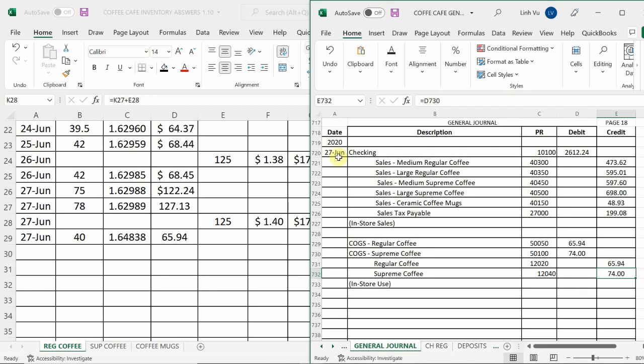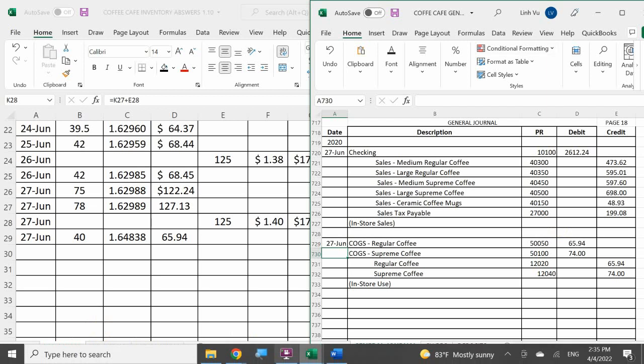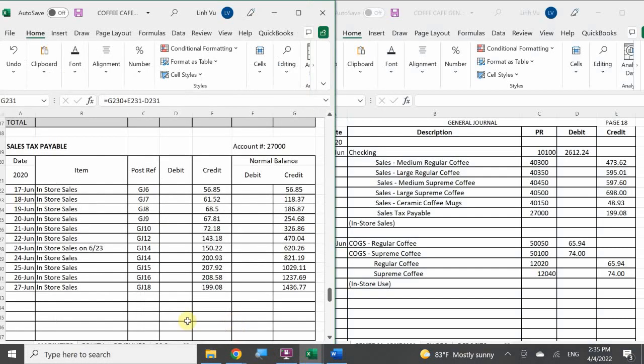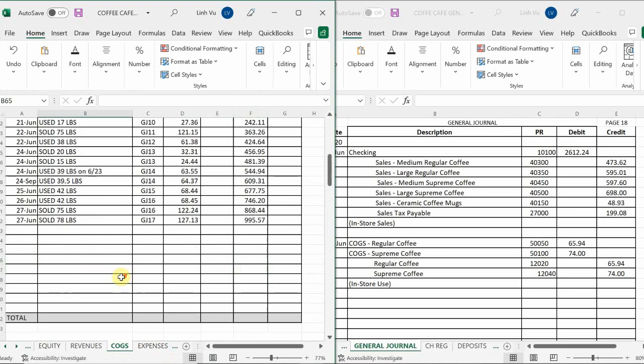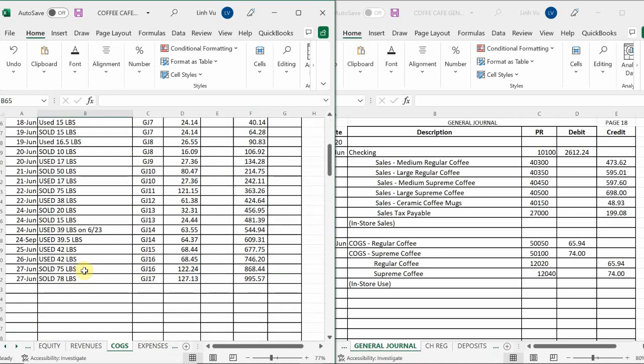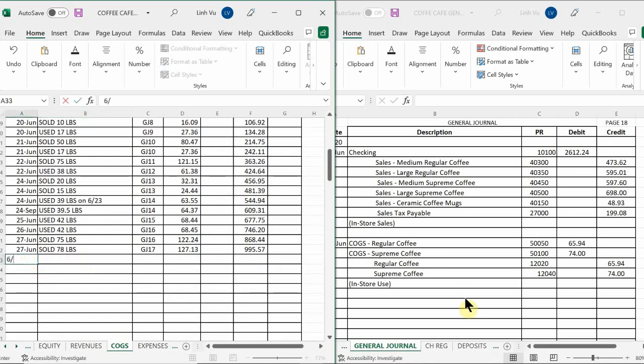Okay. So let's go ahead and update my ledger. Okay. Starting with the cost of goods sold. I used 40 pounds of regular coffee for $65.94.